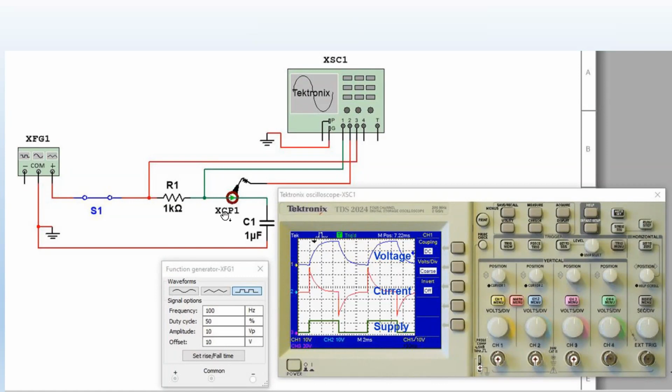Oscilloscopes will display voltage. That's all they can display. But if you apply something called a current probe, you are going to be able to display the current, which is what we want to display. This is a Tektronix scope that is present in Multisim. If you want to know how to get the current probe in Multisim, just YouTube it.